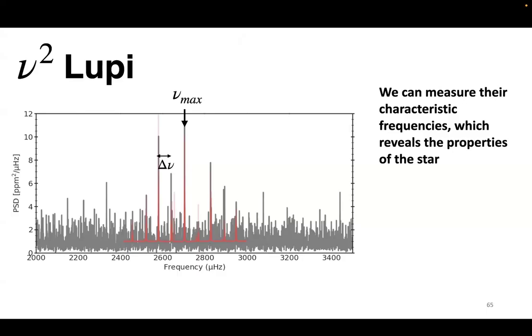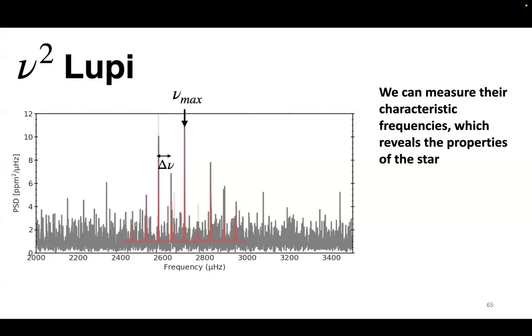It's in the paper. Nevertheless, you can see that it follows this Gaussian shape in the area where we expect these oscillations to occur. And the frequency of maximum power, which is the central frequency of this Gaussian, is related to the physical properties of the star, as is the spacing between the frequencies.